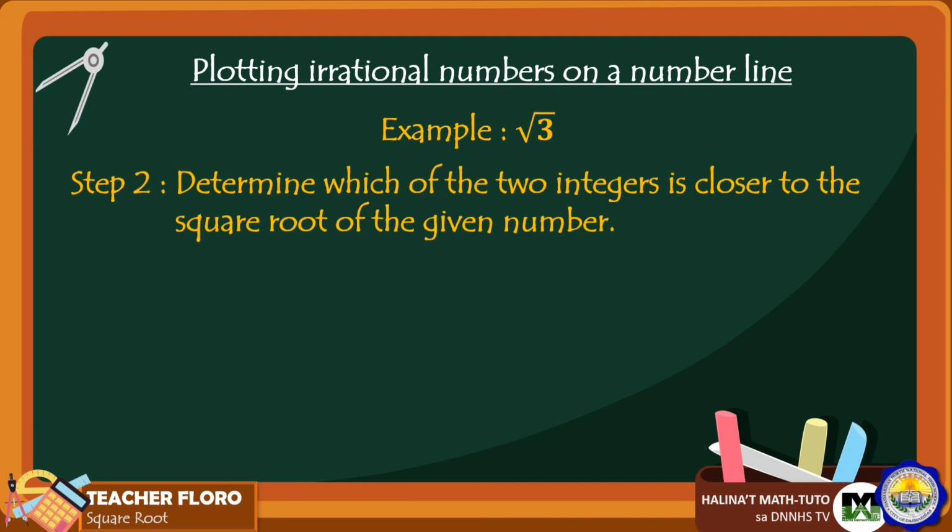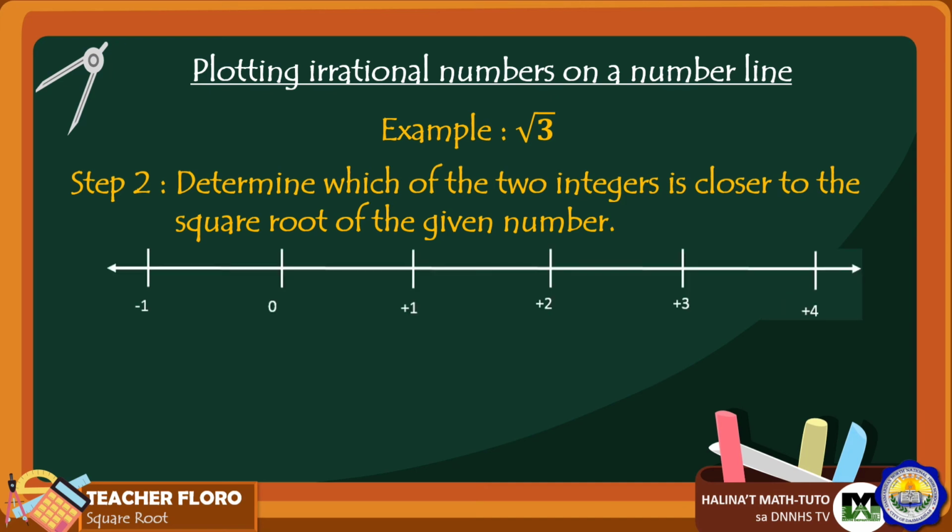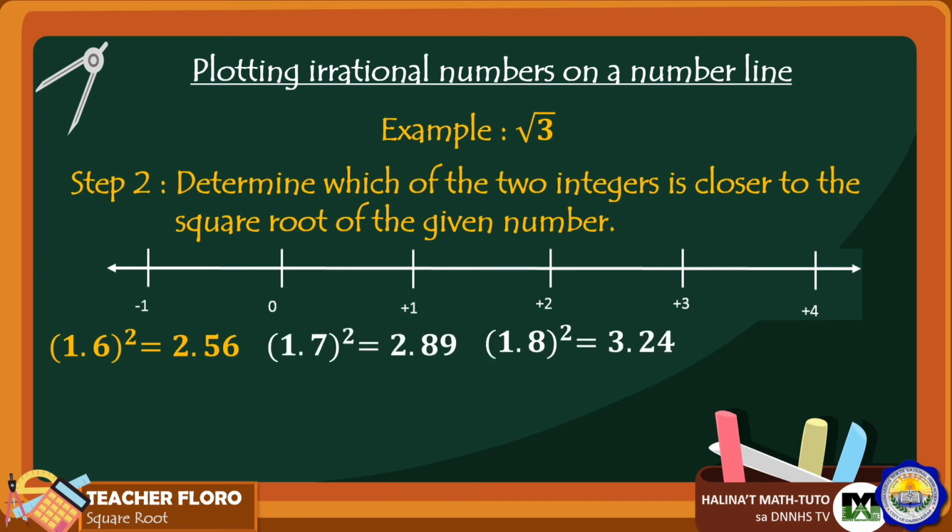Step 2. Determine which of the two integers is closer to the square root of the given number. 3 is closer to 4 than to 1. Since the square root of 3 is closer to 2, the estimated value of the square root of 3 to the nearest tenth is among 1.6, 1.7, 1.8, and 1.9.